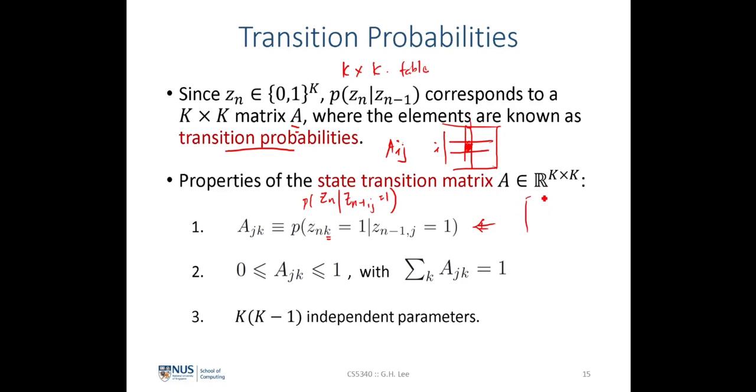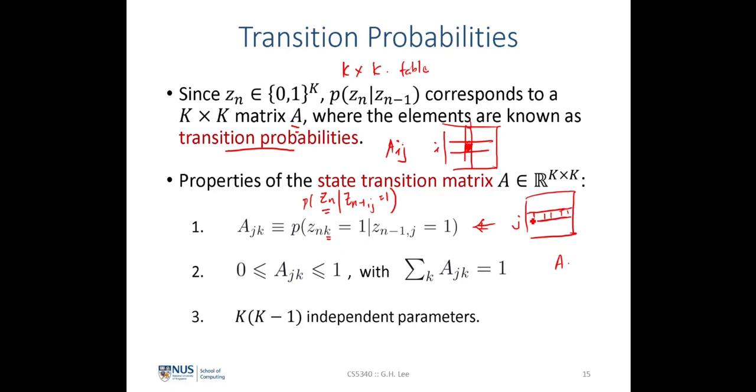So we are looking at a particular row of our A matrix, where Zn minus 1 is fixed at the state j, and we look at all the possibilities of Zn.